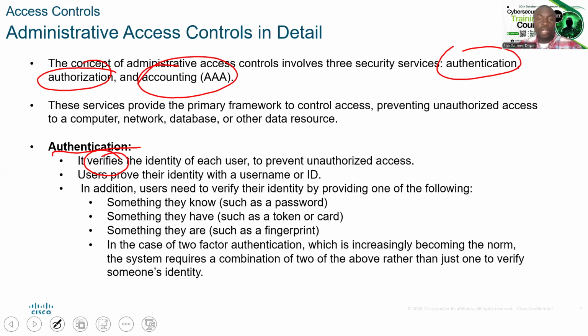For instance, there's what they call Active Directory. It does that. There's what they call LDAP. It does that. There are different database arrangements. There's also what they call a RADIUS server that you can set up to do this authentication for you.